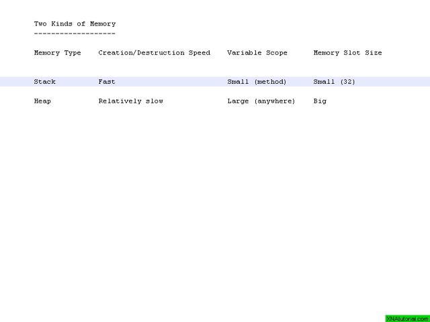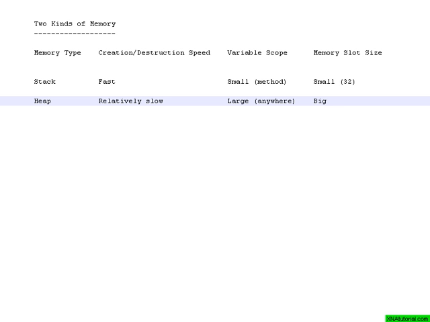It is an area in memory that is very fast. Usually the variables put in the stack have a very small scope, such as a method scope, for example. Because each slot is very small, that's what makes it very fast. Usually it's just 32 bits, and every slot is the same size. So the stack is very fast.